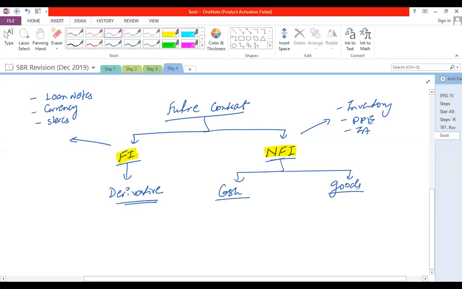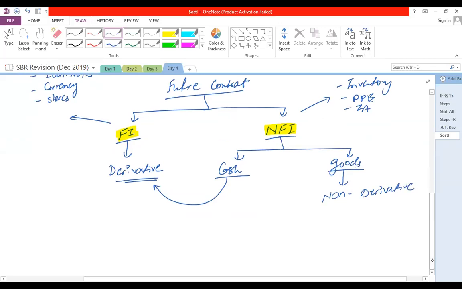If the contract is going to be settled in cash, it is again a derivative, because cash is also a financial instrument. But if the contract is going to be settled in goods, then we are going to call this instrument a non-derivative. Although it's a forward contract, a future contract, an option or a swap, because it relates to a non-financial instrument and will be settled in a non-financial instrument, we are not going to call it a derivative.